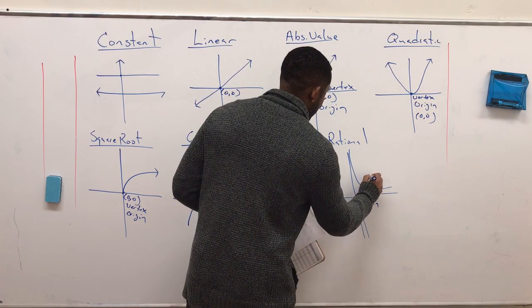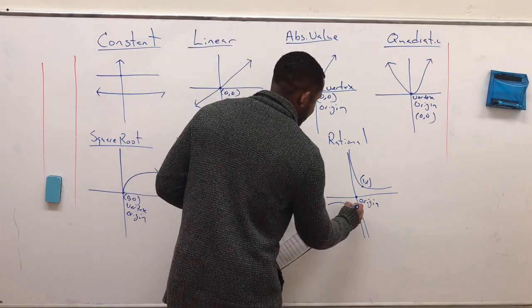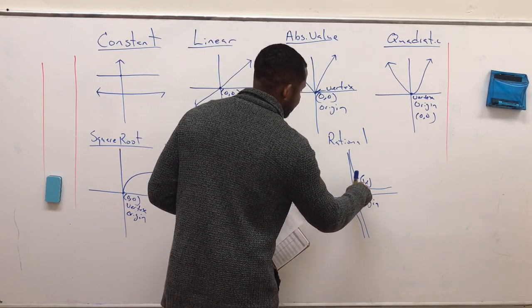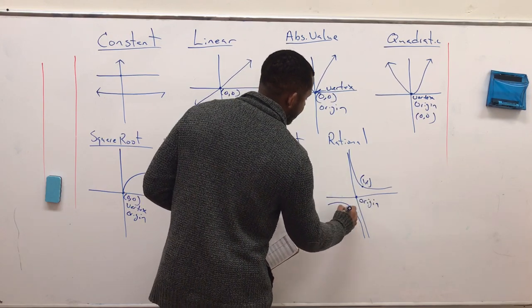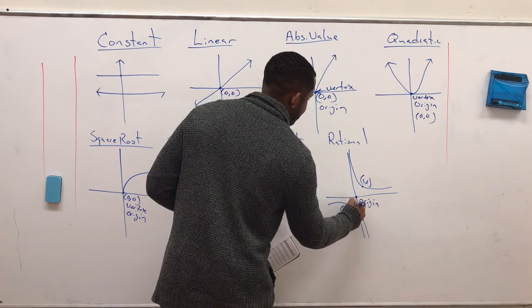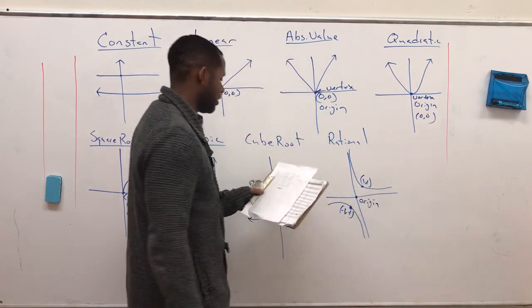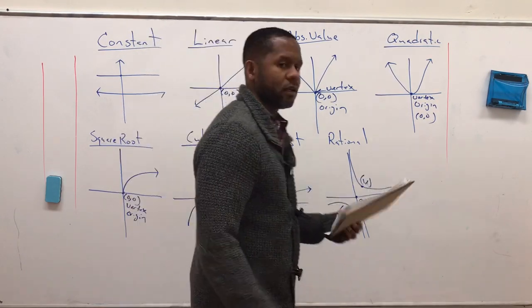So 1, 1 is a key point, and negative 1. It's almost like the vertex of where this starts and cuts in half. And negative 1 is a key point. So you have these two other key points right here. That is those. All right.